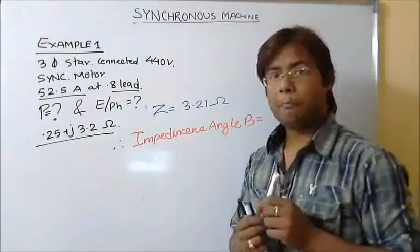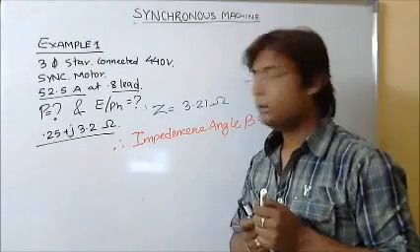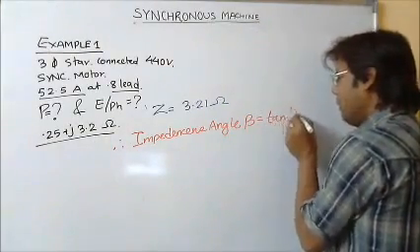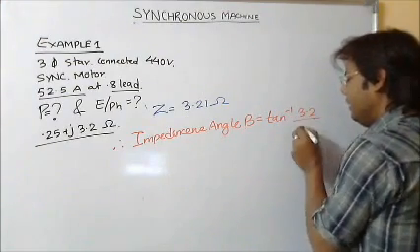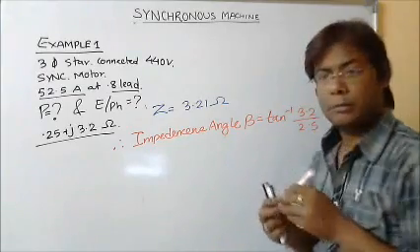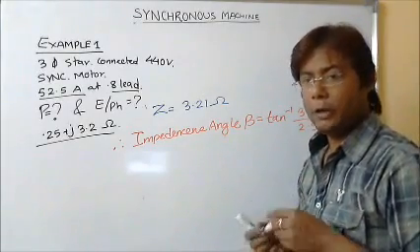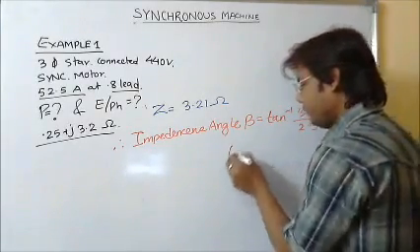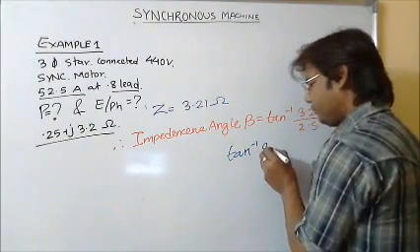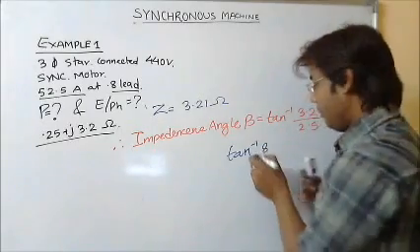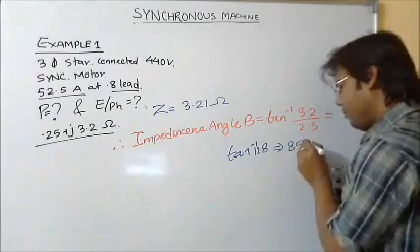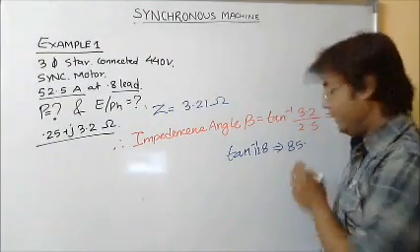Beta would be tan inverse of 3.2 divided by 0.25, which is tan inverse of 12.8, that is 85.93 degrees.